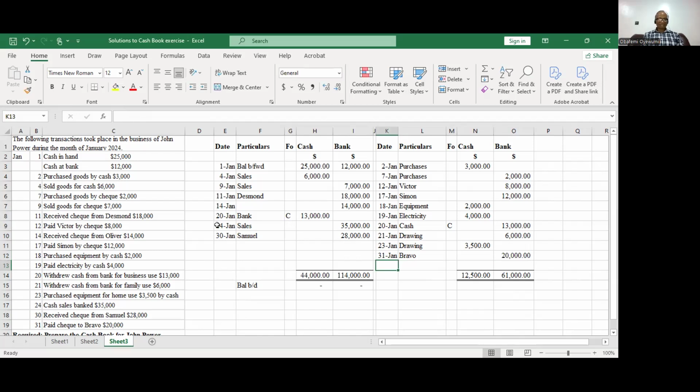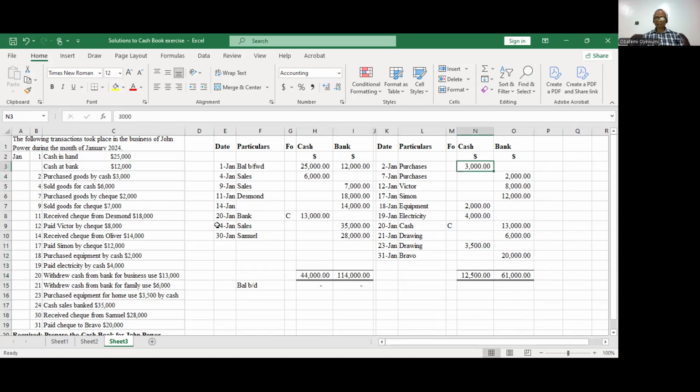So that's as per the transactions for this particular month in the cash book. So you have the total here of 44,000 in the cash column, and then you have 114,000 in the bank column. So let's look at the difference.